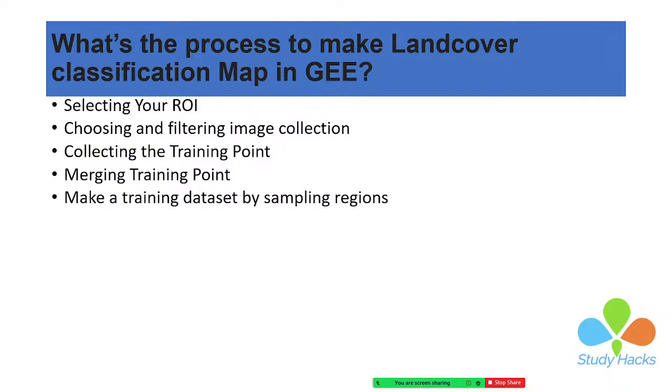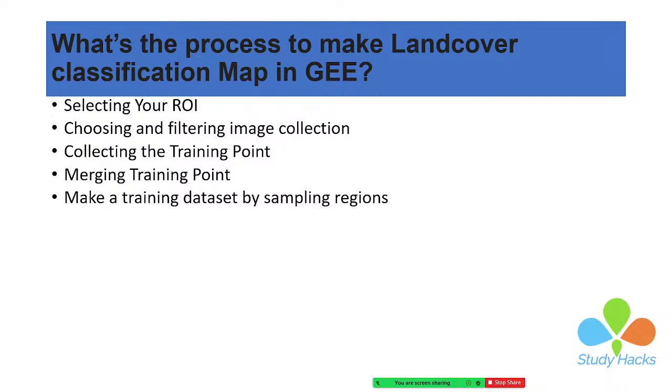This is the theoretical part, and then I will move to the practical so that you can easily understand all of the things. So to make the training data set, we need to use different band wavelengths here. Suppose the red band, green band, or shortwave infrared band, all of these bands we use to make the training data set.